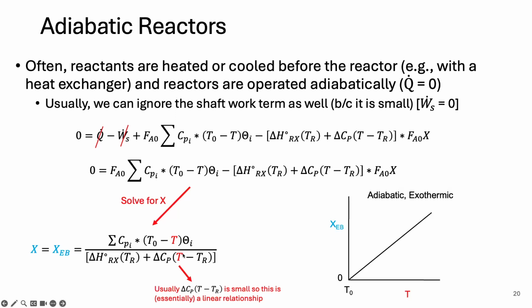And we see then that there's a direct dependence on temperature if we're appreciating that this delta Cp (T minus TR) term is relatively small, meaning that we have a direct and almost linear correlation between conversion and temperature. Again, considering these are adiabatic and exothermic conditions.